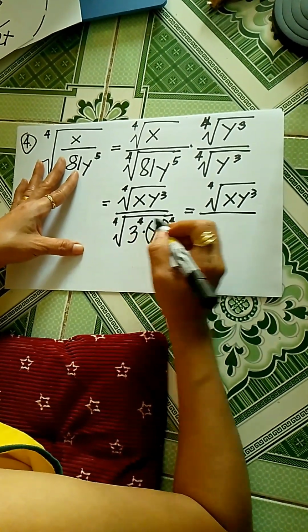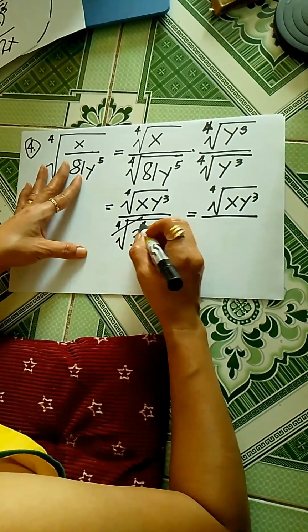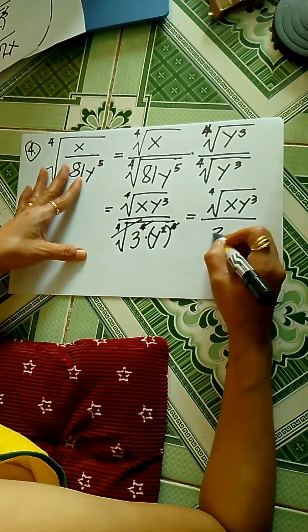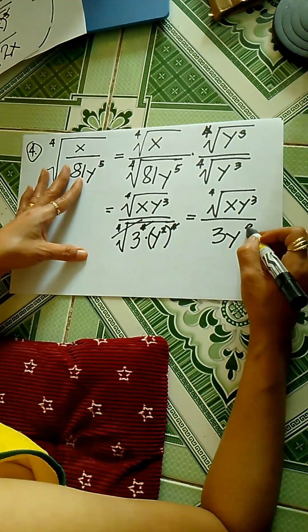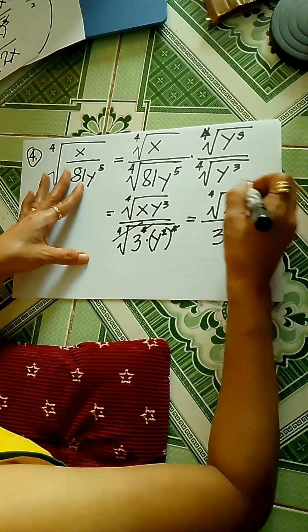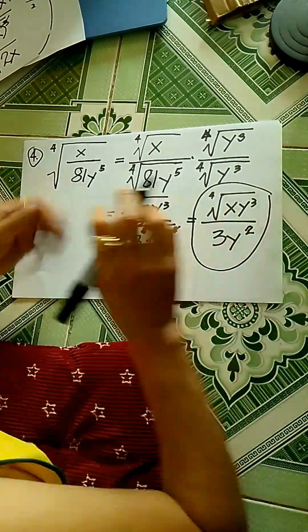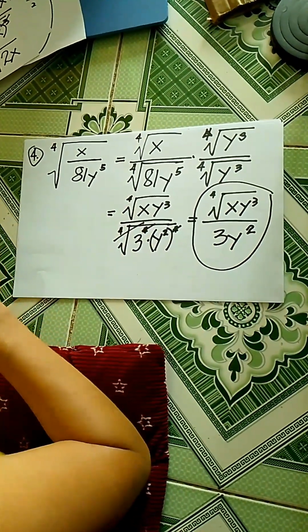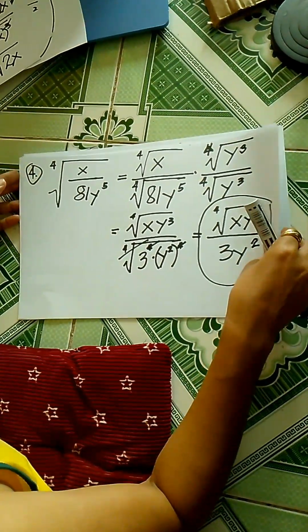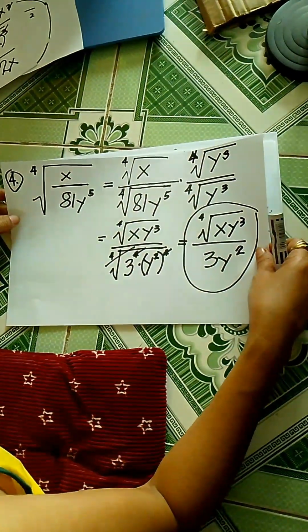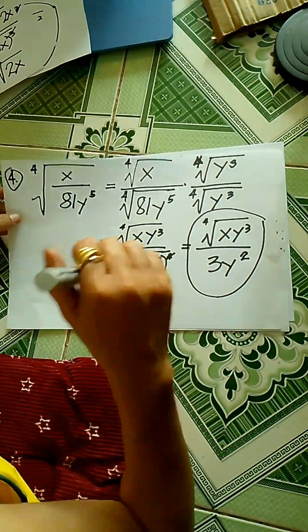Yan. So, we have fourth root of x y cubed, and then fourth root of 3 raised to 4 is 3, while fourth root of y square raised to 4 is y square. Okay, so yan na po yung ating simplest form.